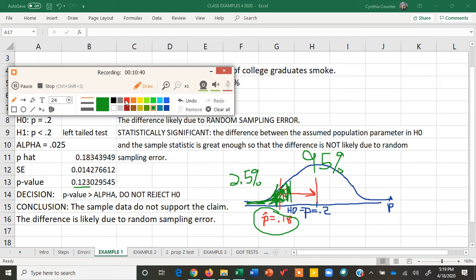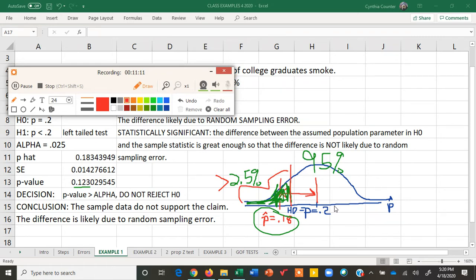And here then is where our p hat would be. I'm sorry, here then marks off the tail, where this tail is greater than 2.5%. So that's when we saw that, oh, it's within the likely values due to random sampling error, so it's not statistically significant.